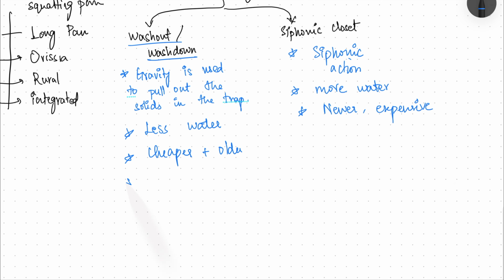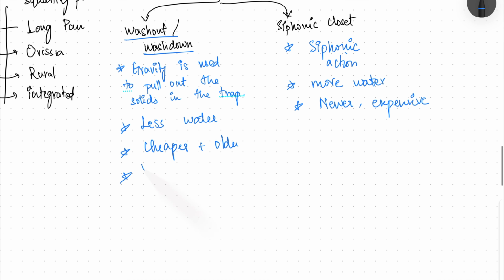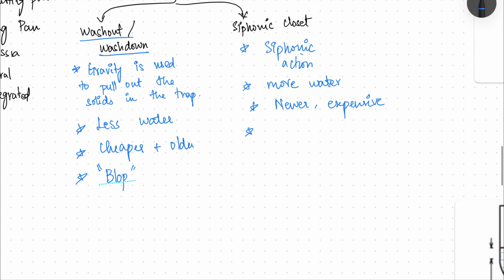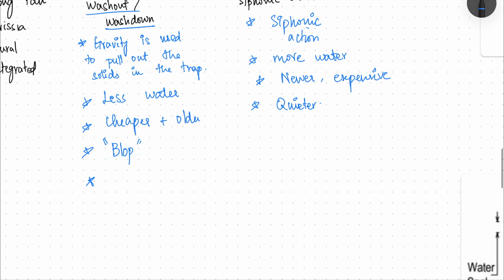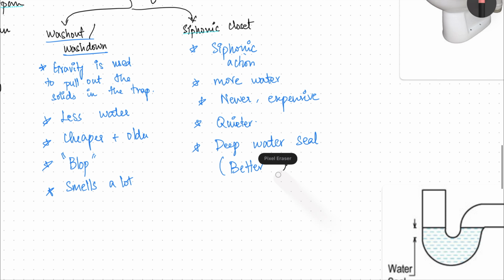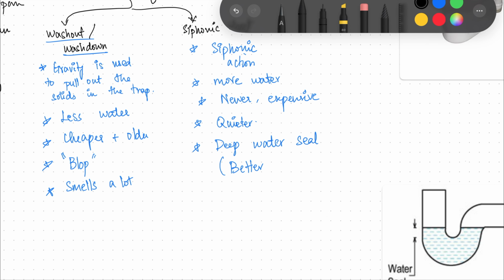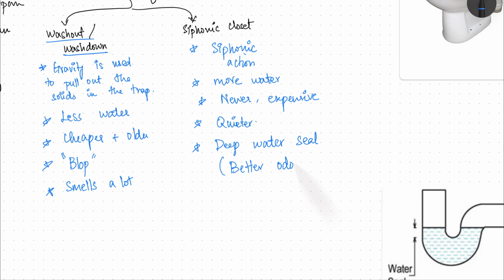And this makes the classic blop sound as it flushes, and this is almost noiseless, so it's a lot quieter. And this smells a lot, and this has a deep water seal, which means it has better odor control.